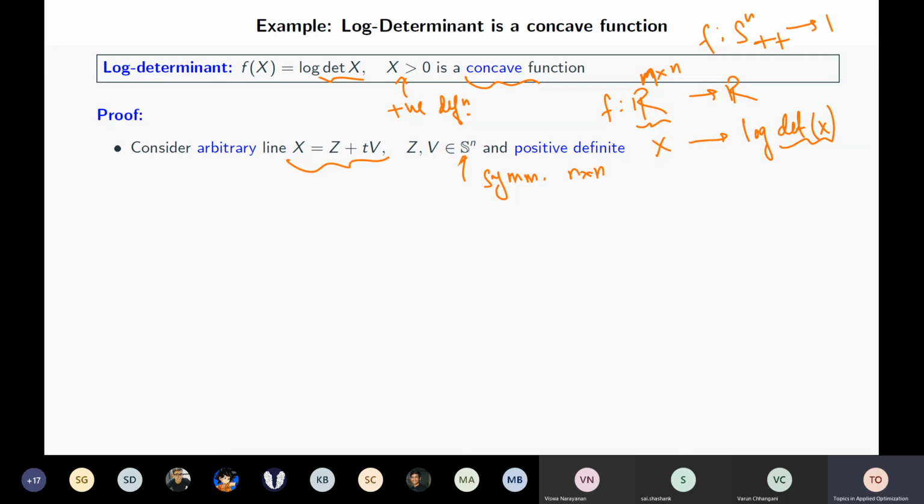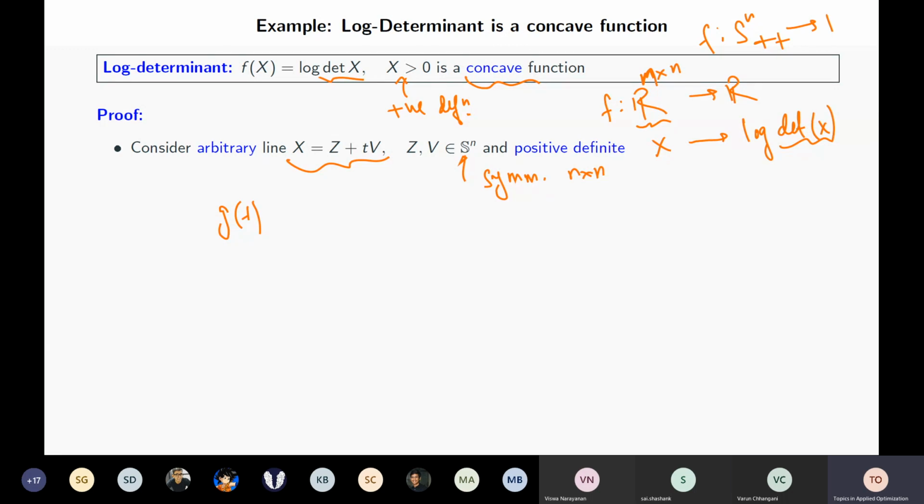And then on this line, I will define a function g(t) that is defined only on this line, and then it will become a single variable function. And then for the single variable function, I will prove that it's positive definite using the double derivative of g.